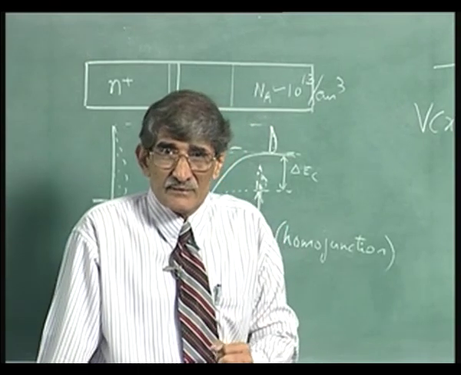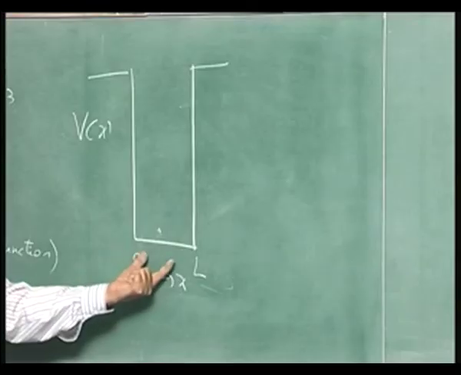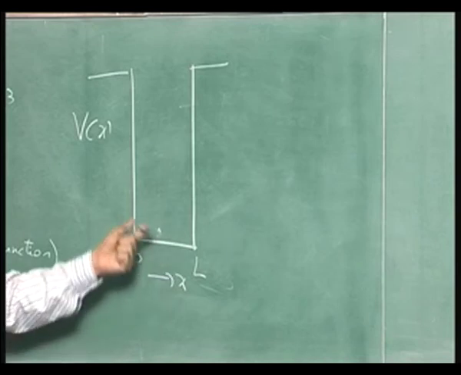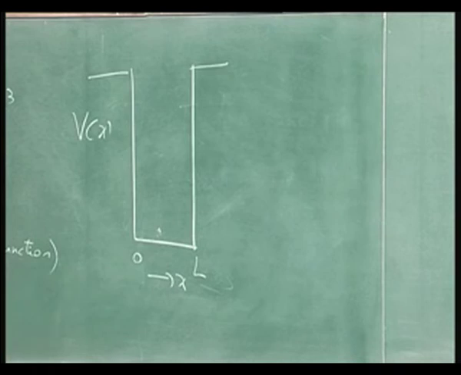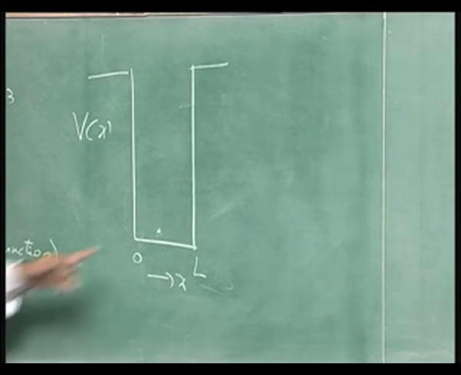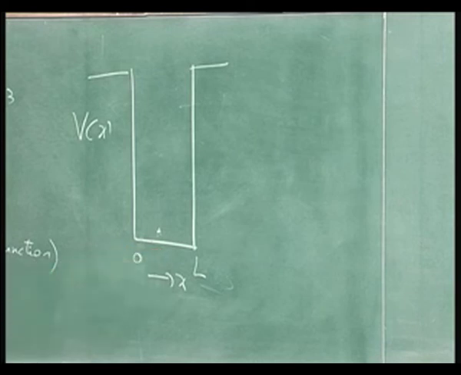But the moment you confine it like this, the energy levels are no longer continuous. They split up, and one electron can take only restricted energy levels. In fact, the energy levels have been arrived at using the potential well concept itself.